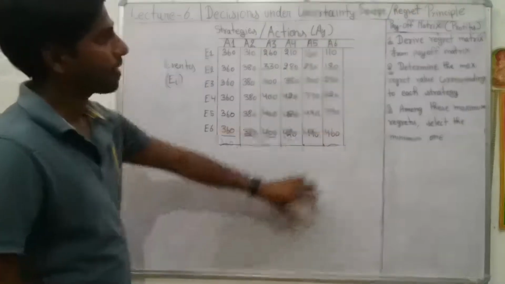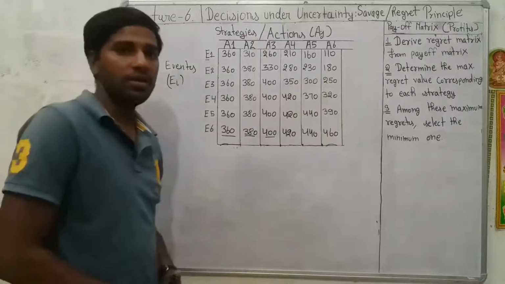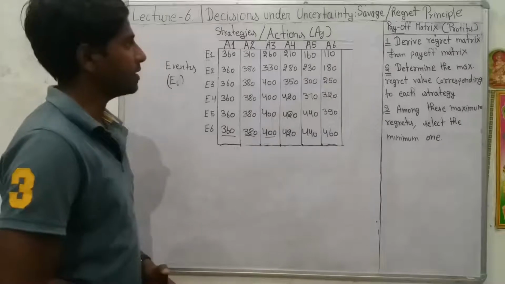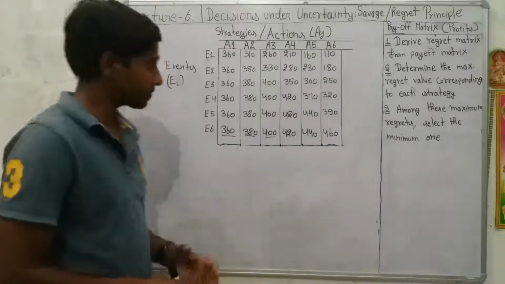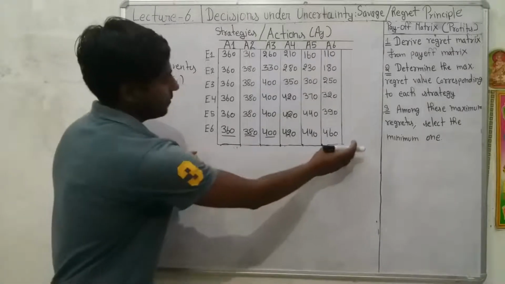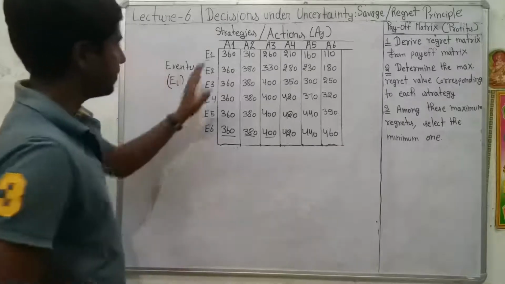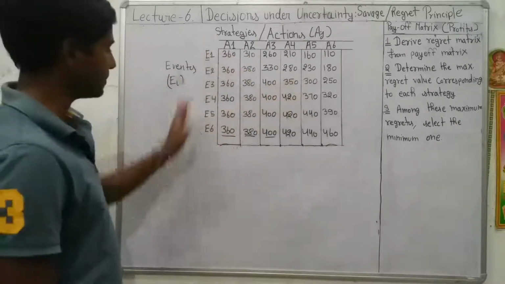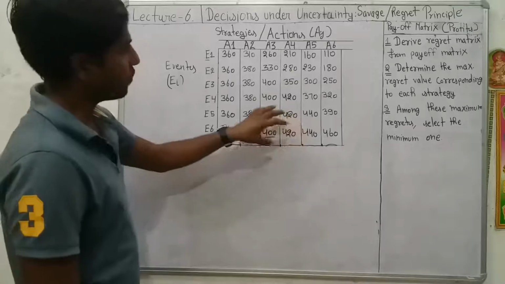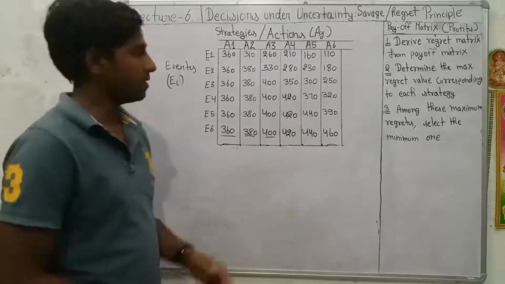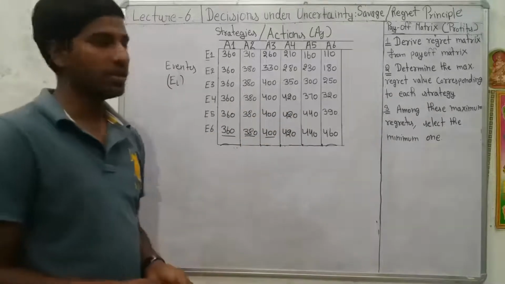Instead, we use the regrets or opportunity loss to calculate the optimal strategy. So with this illustration in which we have 6 actions and 6 events, the payoff matrix shows the regrets or opportunity loss.